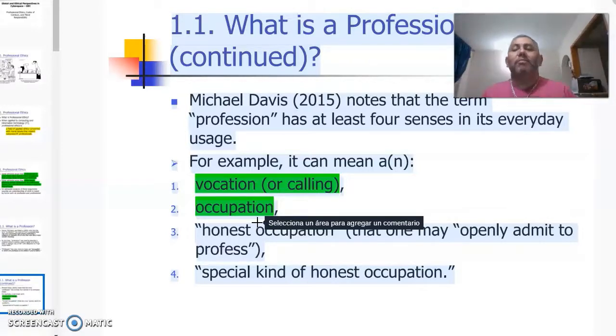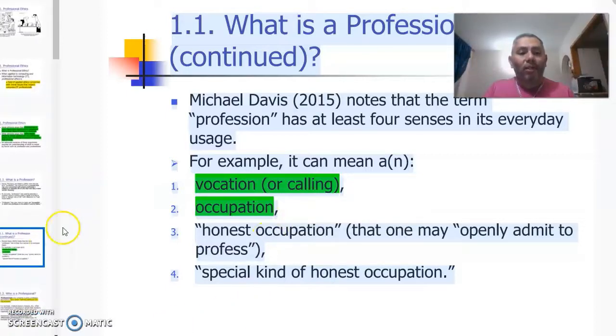But if you notice, basically, the senses of profession are associated with occupation: what occupies our working life, the life that we have when we enter the working world. Okay, let's move on.